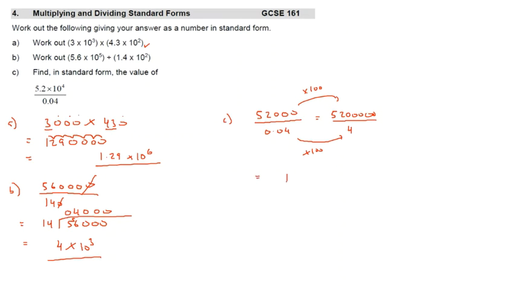And then use the bus stop method now to do this. 1, remainder 1, 3, and then 1, 2, 3, 4, 5. Okay, so in the end, I think this is going to be 1.3 times 10 to the power of, well, there's the 1 here, 1, 2, oh, sorry.